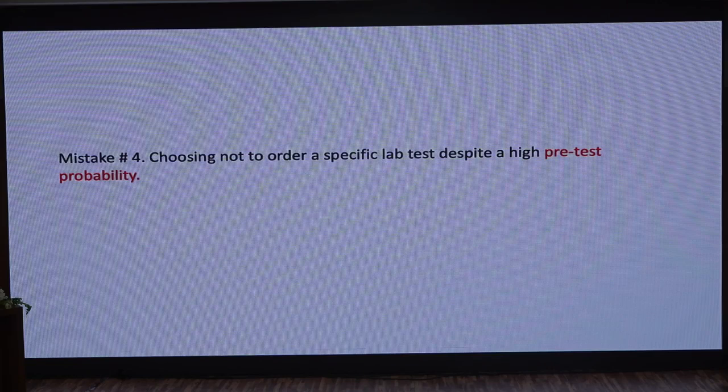What is pre-test probability? It is the probability that, in a given situation, this test will come positive. If the probability is high, only then does that test have value.